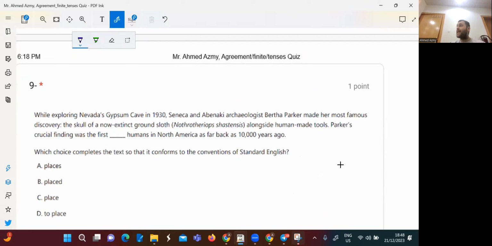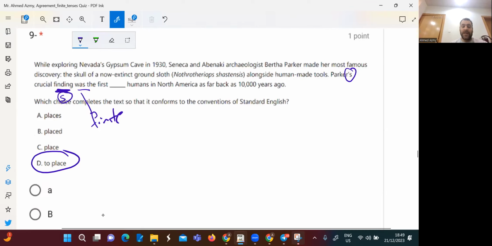We have apostrophe S here. Finding, this is the subject. This is the what? Finite. So we here need another finite verb. Do we have and? No. So I need a non-finite. Which one is the non-finite? To place.